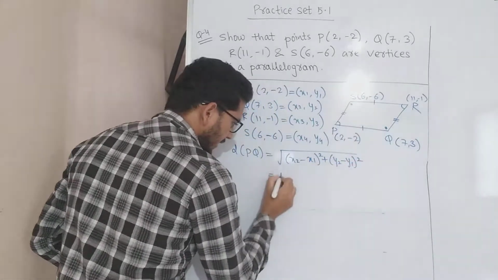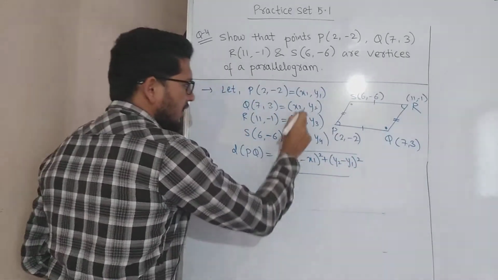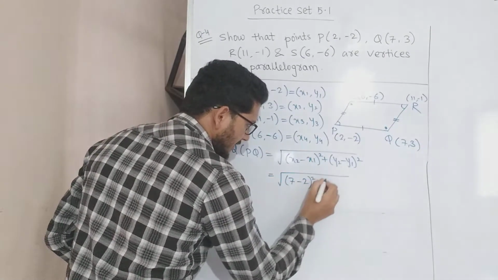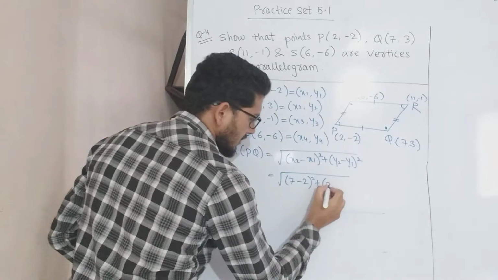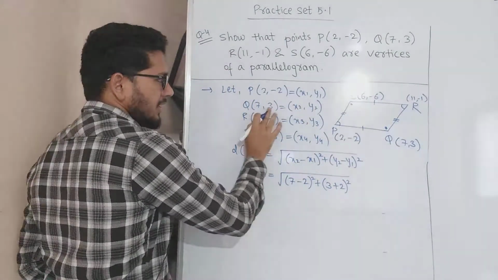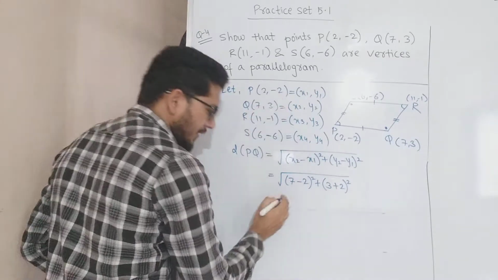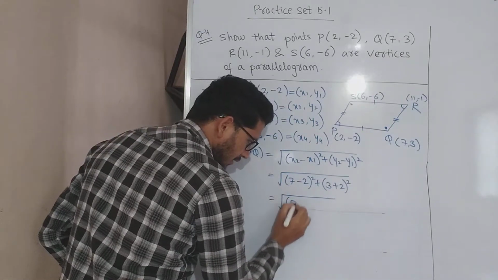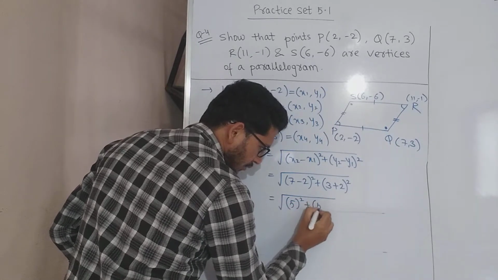After that we will write √. What is the value of x2 here? 7. So 7 minus 2 whole square plus what is the value of y2 here? 3. Minus of minus plus 2 bracket square. y2 is 3, y1 is minus 2, so minus of minus plus 2. 7 minus 2 is 5 square, and 3 plus 2 is again 5 square.